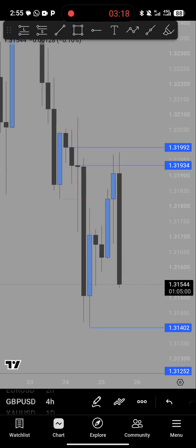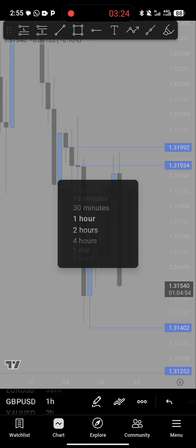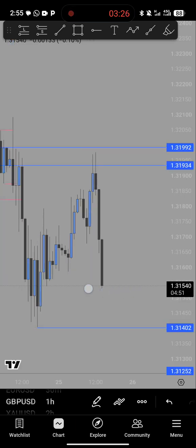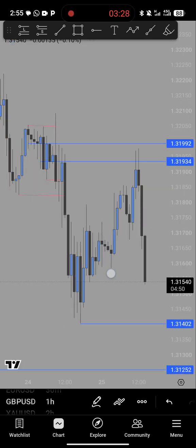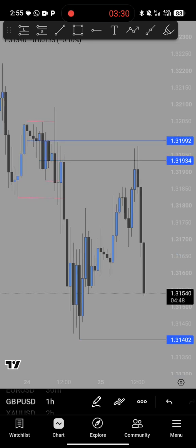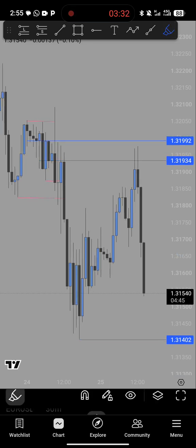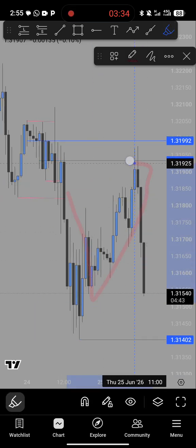After marking it, you go back to H1 and check on it. You can see it very well. The market just dropped from here to enter the point, then came down.